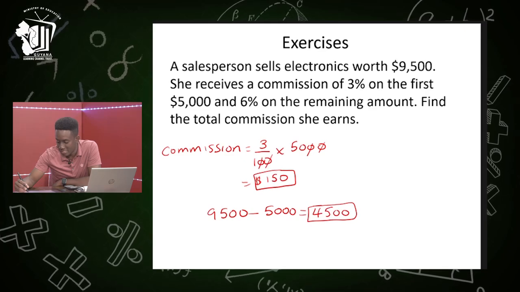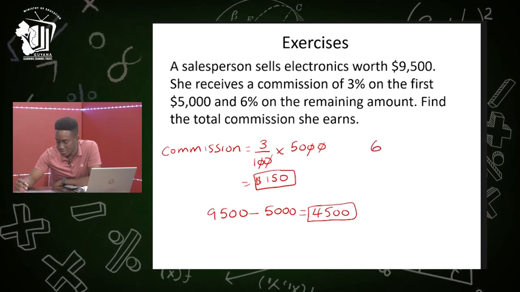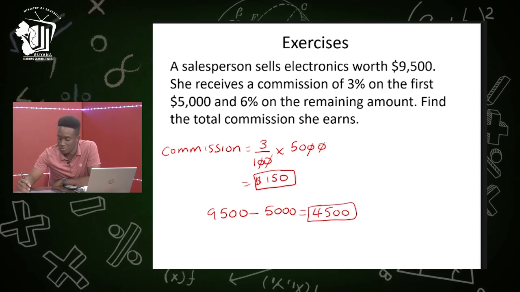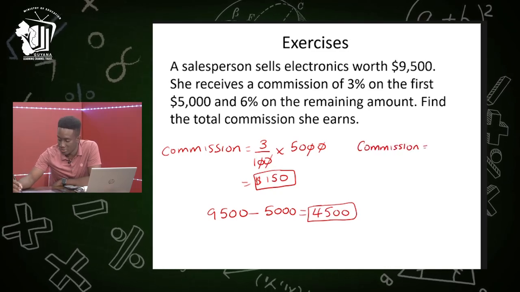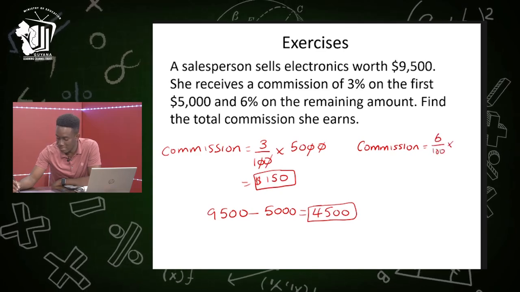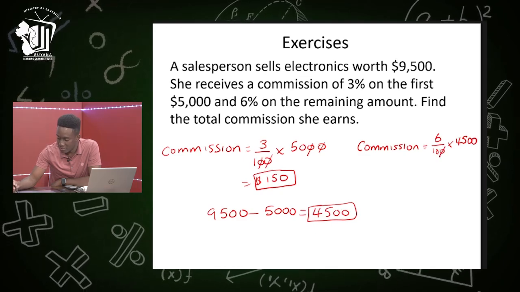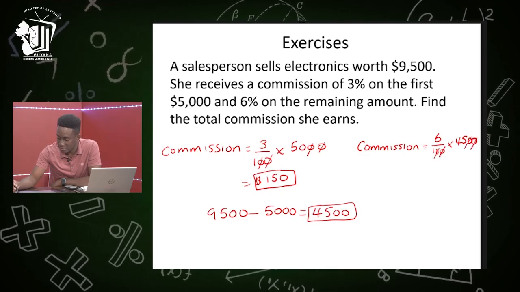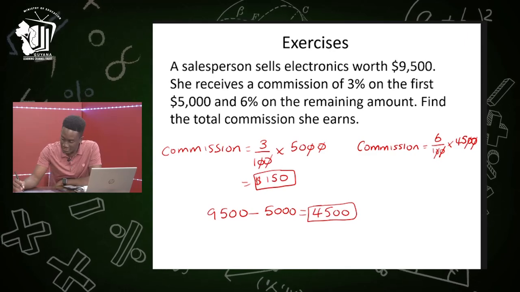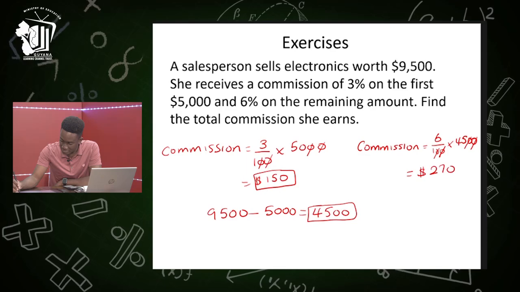So we'll work it right to the side here. The second set of commission would be 6% of 4,500. So this would be 6 over 100 multiplied by 4,500. This 0 cancels with that 0. This 0 cancels with that 0. And 6 times 45 would give me $270.